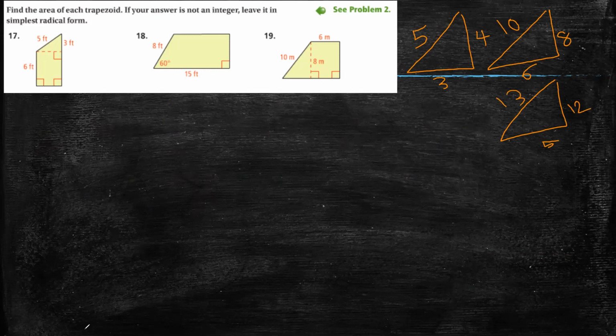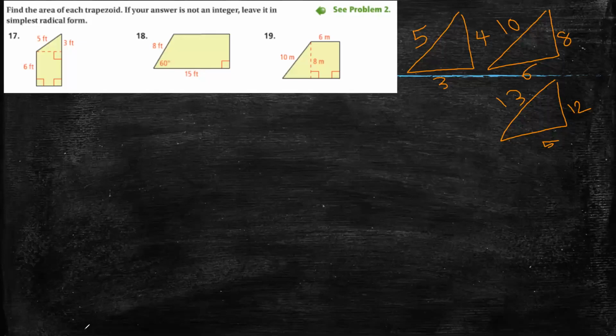Do you know them? Yes, teacher. Here now, the first one. If you use the Pythagorean theorem, 3 squared plus 4 squared is 25. Under the square root, it will be 5.